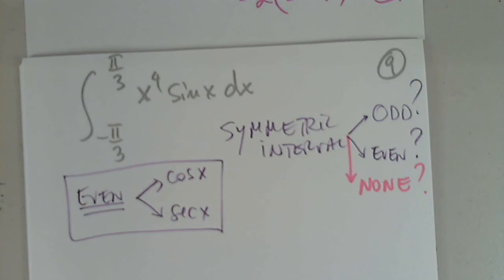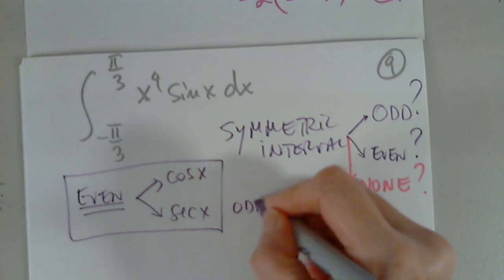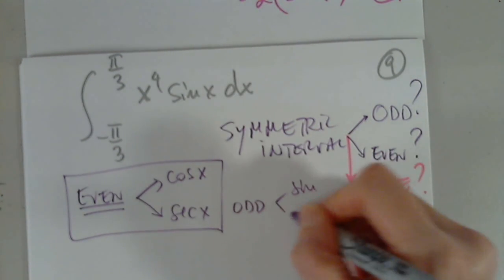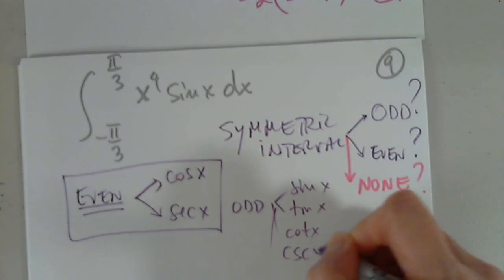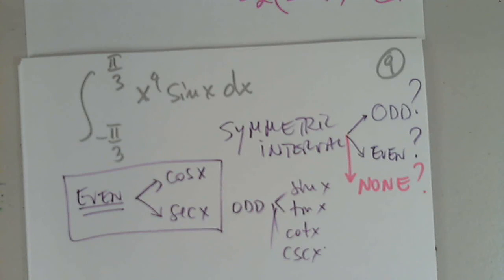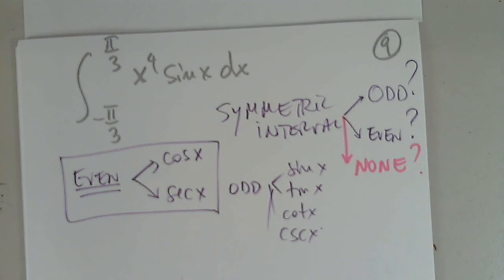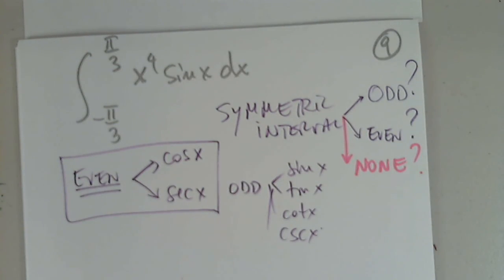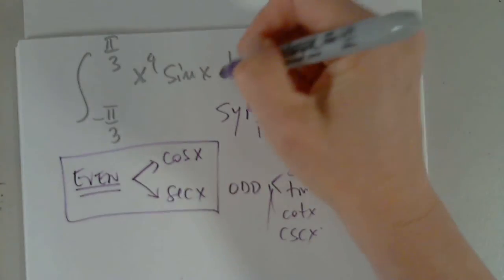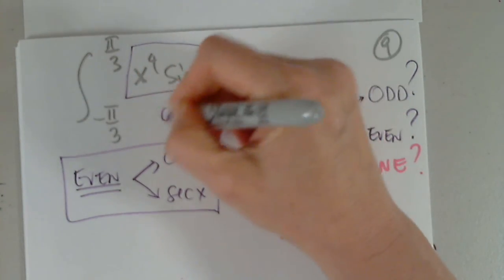Everything else is odd. All the other four are odd. Sine, tangent, cotangent, cosecant. If a pure trig function has sine in it, it must be odd. If it only has cosine in it, it must be even. So this is an odd function.